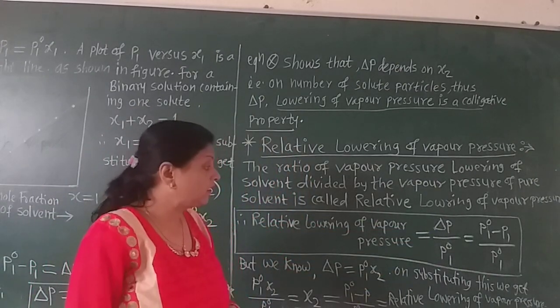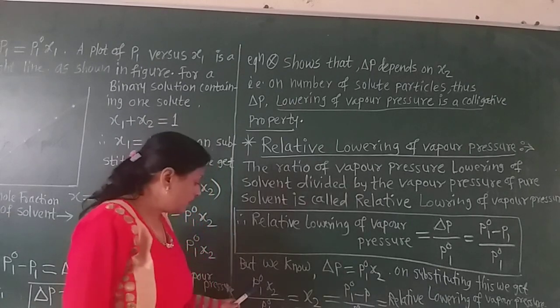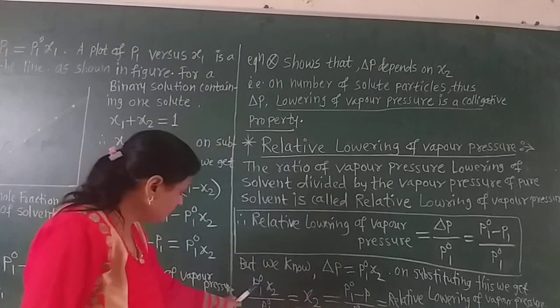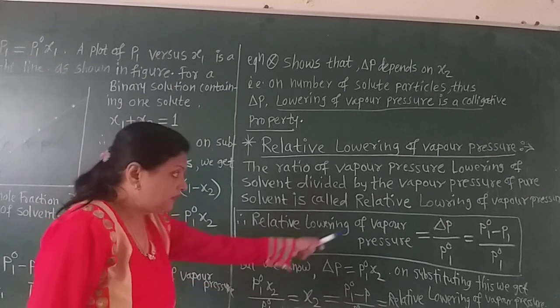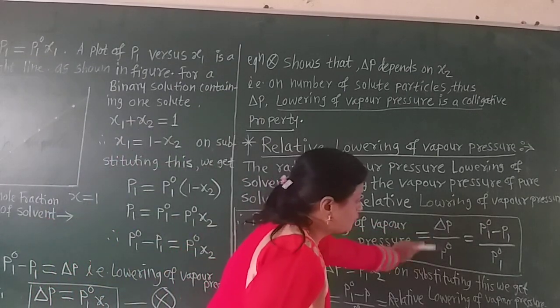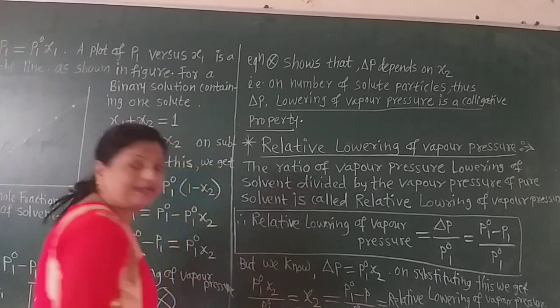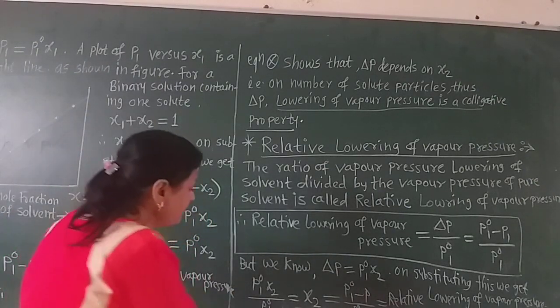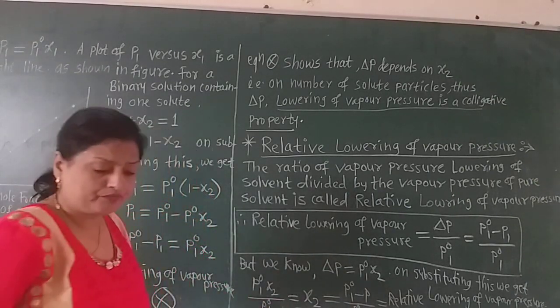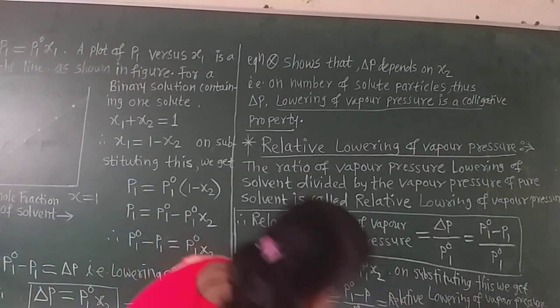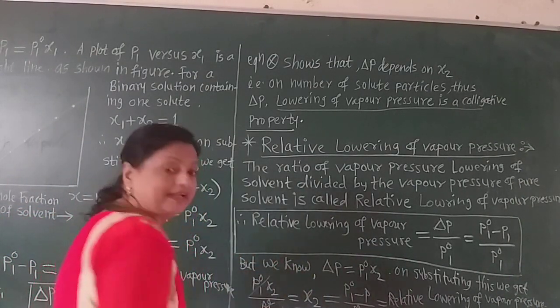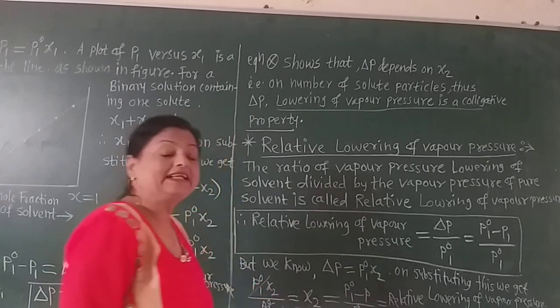What do we obtain? On substituting delta P as P01 X2, we get P01 X2 divided by P01. Now this P01 and this P01 get cancelled. What is remaining? Only X2.